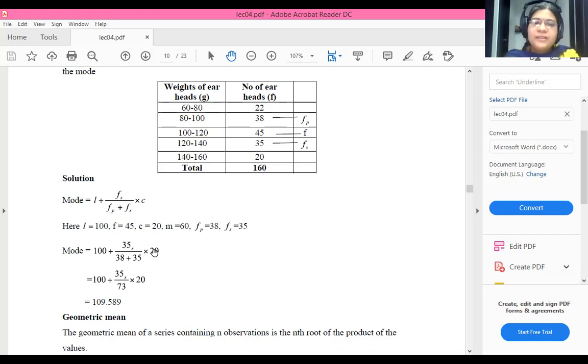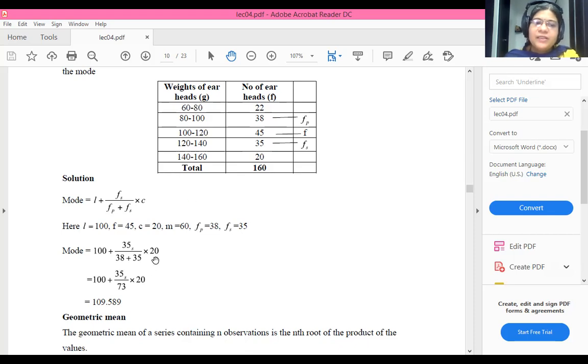Very simple formula. Here it is Fp and Fs, we can say here F1 and F2. So you have to write L plus the frequency of the class succeeding the modal class. So 100 plus 35 divided by 35 plus 38, which is very easy, into 20. 20 is the class width. If you say C or H, notation may differ. So 80 minus 60 is equal to 20.